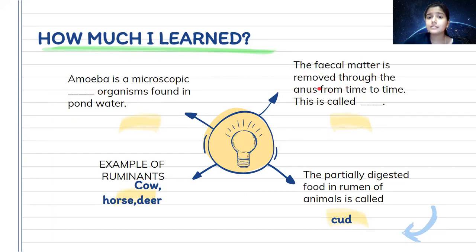Then the fecal matter is removed through the anus from time to time, and this process is called excretion. Next, some examples of ruminants include cow, horse, deer, rabbits, buffaloes, all right? And the last one is, the partially digested food in the rumen of animals is called the gut, all right?